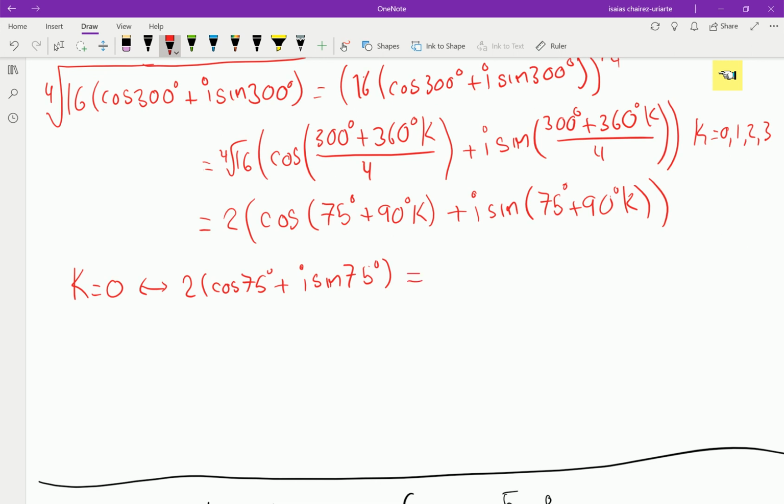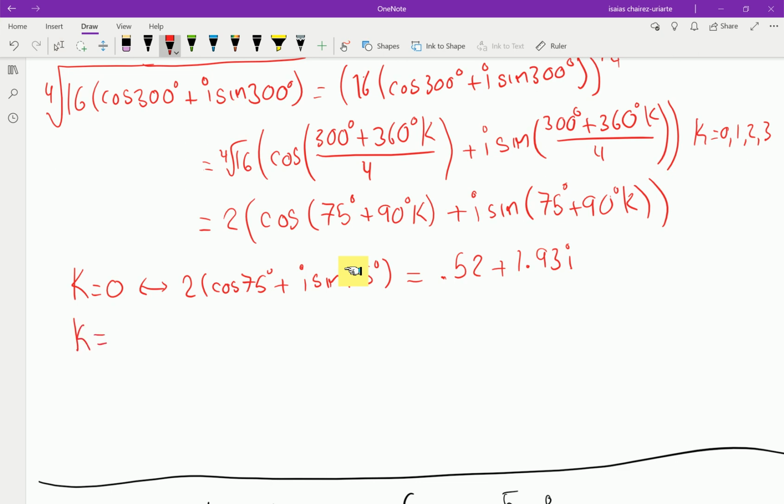This should be 0.52 plus 1.93i. So what I did here is 2 times cosine of 75, that's 0.52, and 2 times sine of 75 is 1.93. And you should verify this. Make sure your calculator is in degree mode.